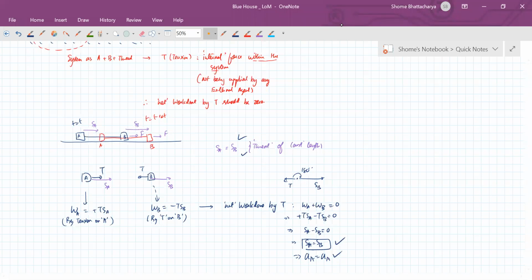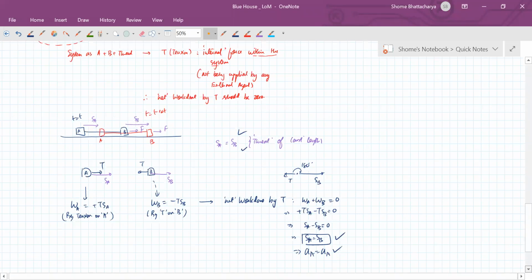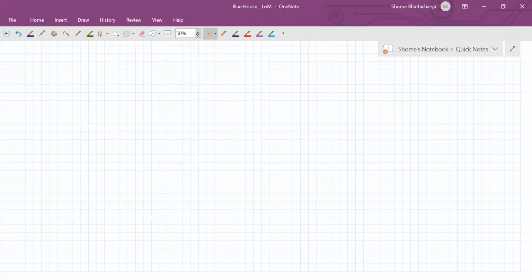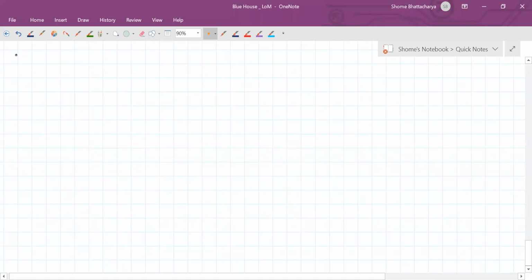Okay, Shikhar, done with this? Okay. Now let's see another trivial, simple case. Then we move on to the system of pulley cases. Another example.